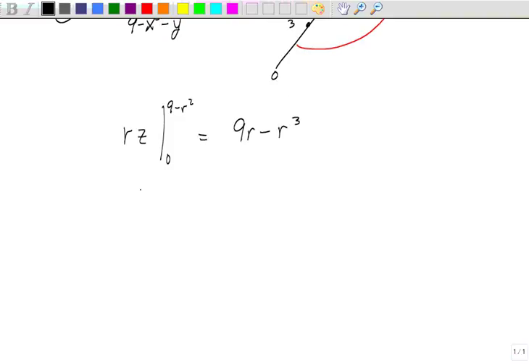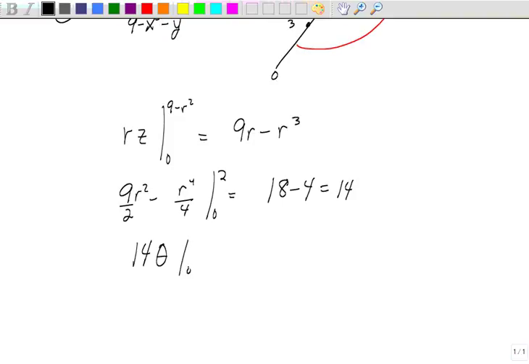Then I'm going to integrate with respect to r, so that's going to be 9r squared over 2 minus r to the 4th over 4, from 0 to 2. It's going to be 18 minus 4, which is 14. Then I'm integrating 14 d theta, so it's 14 theta from 0 to pi over 2. So I get 7 pi.